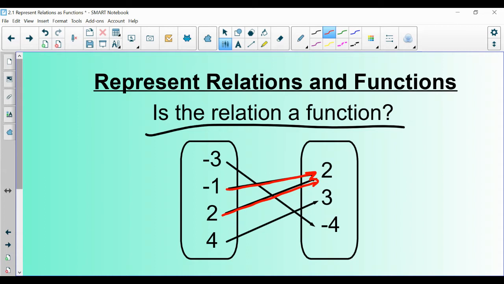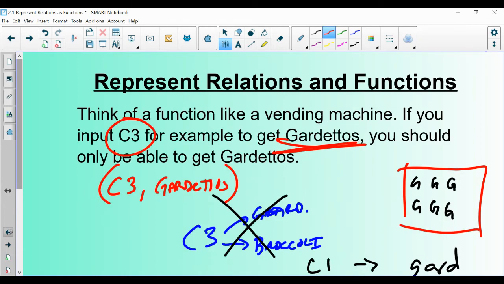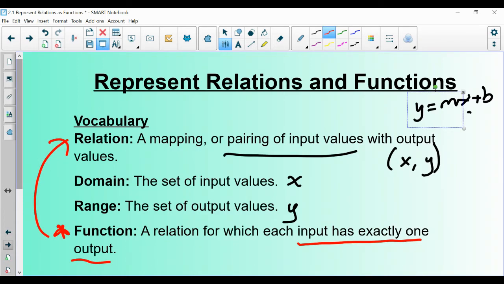So in this weird vending machine situation, -1 gets you Gardettos and 2 gets you Gardettos. They got you the same thing. Is that okay? And the answer would be yes. We can also go back to the definition if you don't like the Gardettos example. Each input can only have one output.